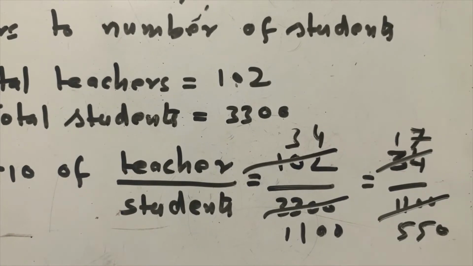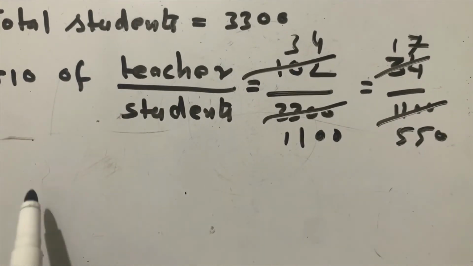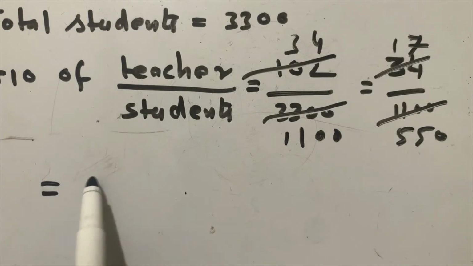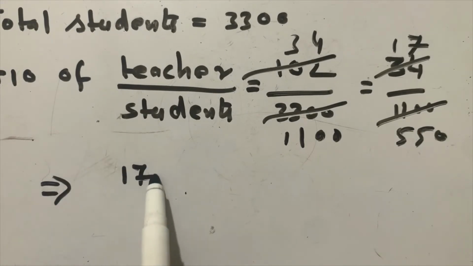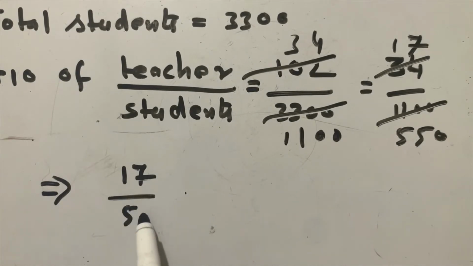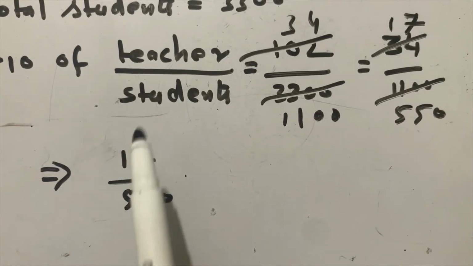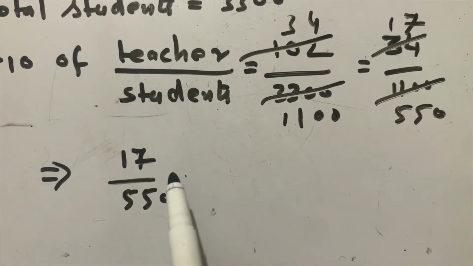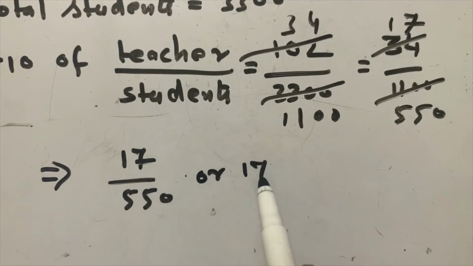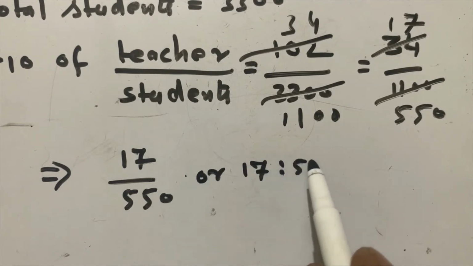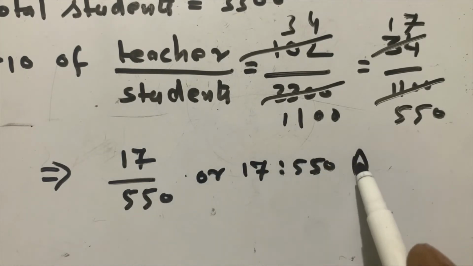So we got 17 upon 550. Now we got the answer. The ratio of teachers to students is 7 upon 550, or 7 is to 550.